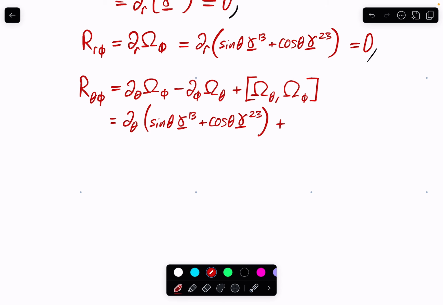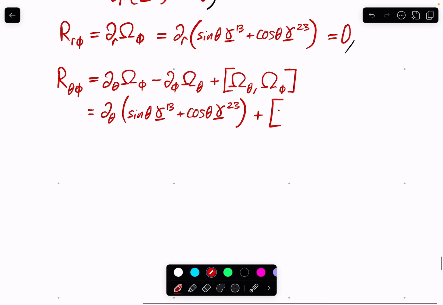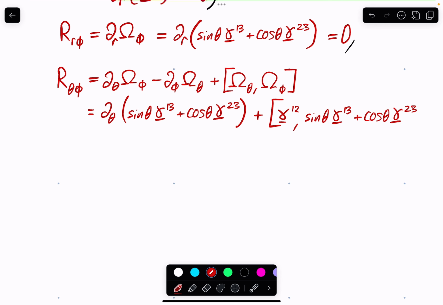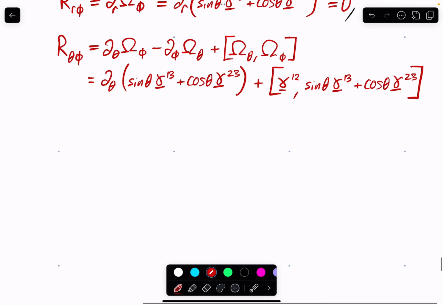Then plus, we have this, the commutator of these two objects.